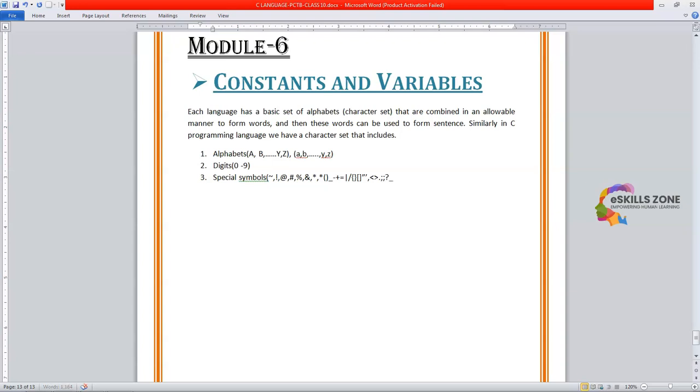These are all called special characters, so we don't need to type the comma again and again, because comma is also considered a special symbol, special character.